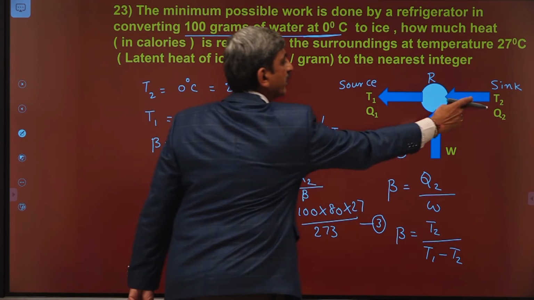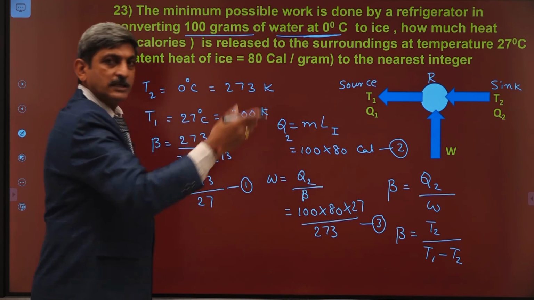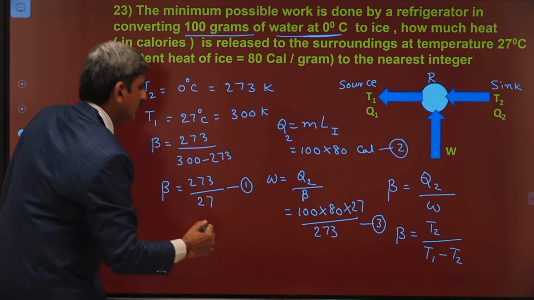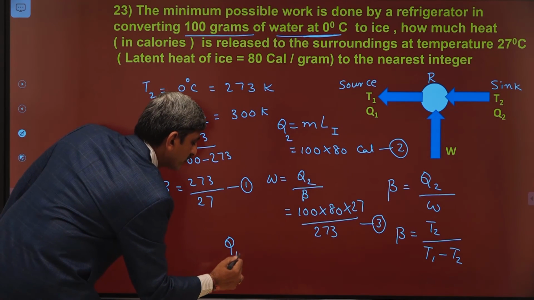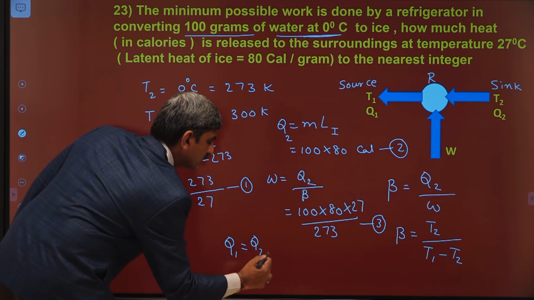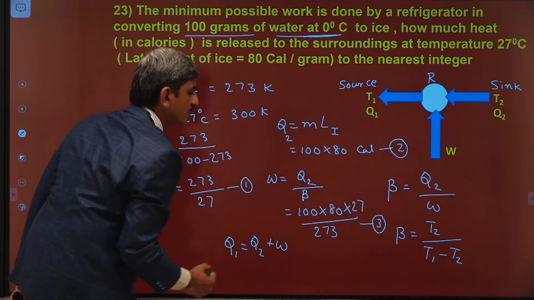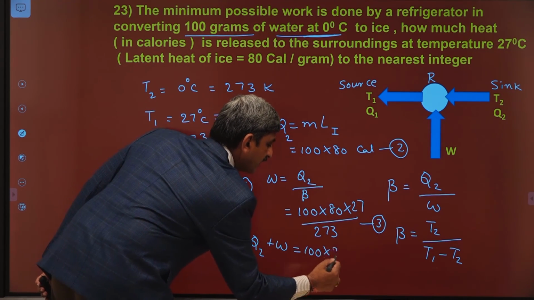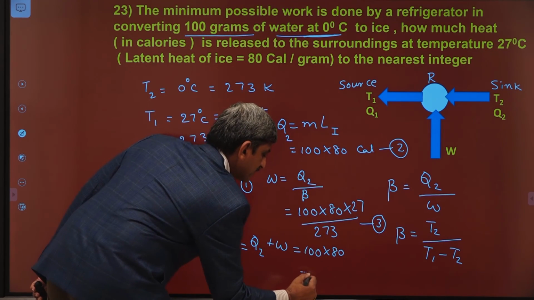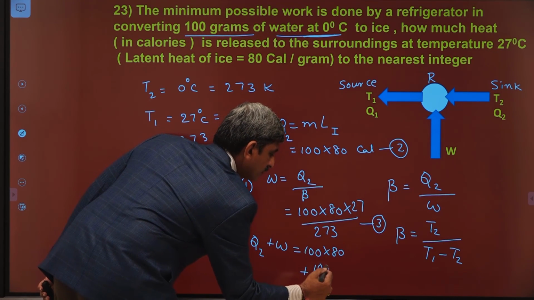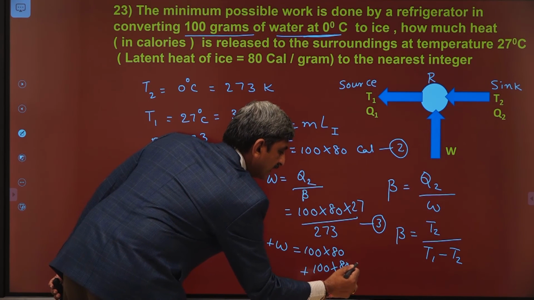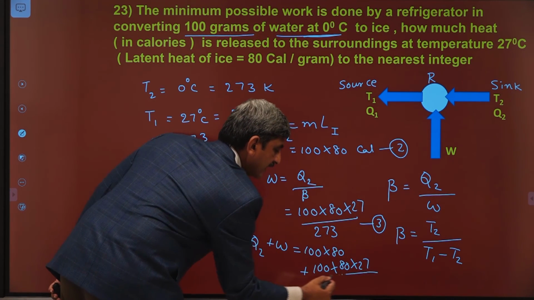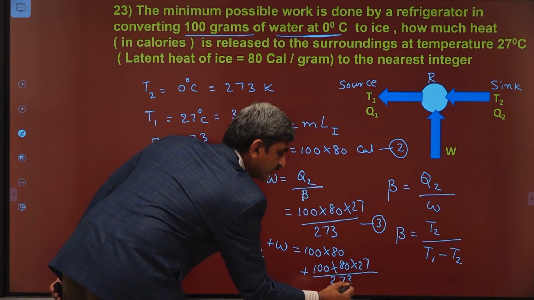By knowing these, we can determine the amount of heat transferred to the source by using the formula Q1 is equal to Q2 plus W. So this is equal to 100 into 80 plus 100 into 80 into 27 divided by 273.